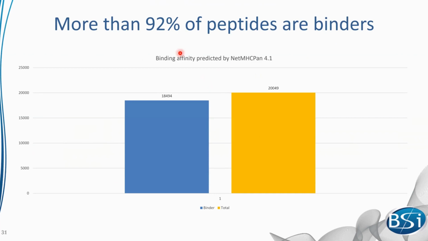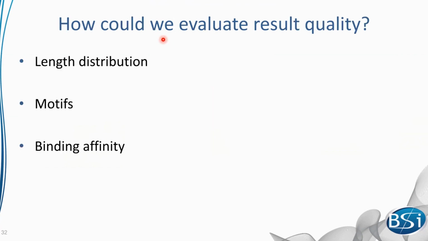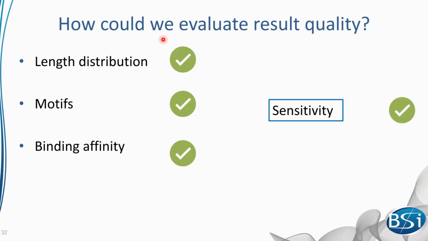We find that around 92% of our reported peptides are binders. This is very high. So based on the length distribution, motifs, and binding affinities, we can say our workflow is a sensitive and also an accurate workflow for the DDA data.